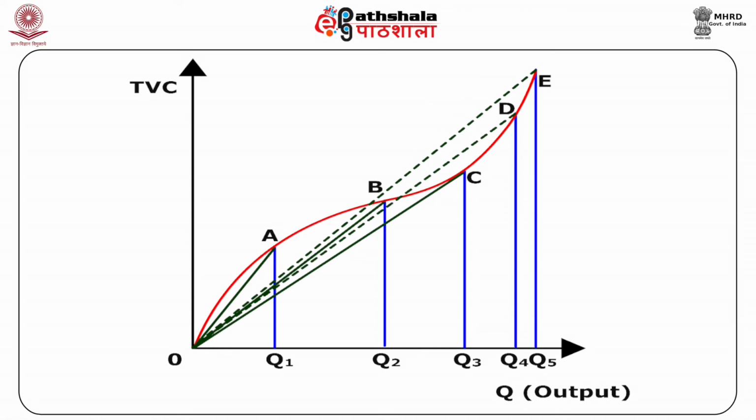So this traces the shape of the average variable cost from the total variable cost. This is the relationship between a cubic function and a quadratic function. A cubic function is S-shaped, whereas a quadratic function is U-shaped, but there is a definite relationship between them, one of a fall and an increase.